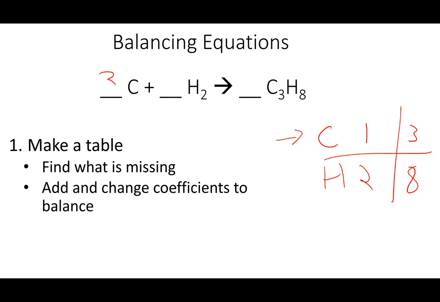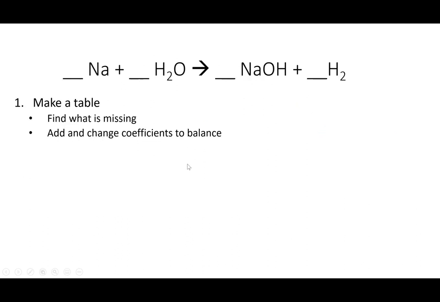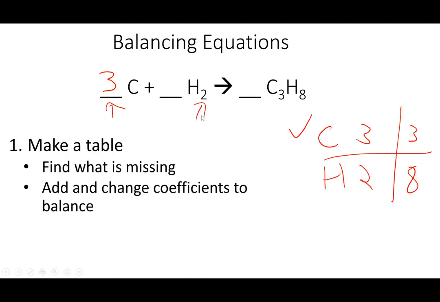And if I put a 3 here, all of a sudden now I have three C's, and my carbons are balanced. I can only add or change coefficients. I cannot add or change subscripts. It's only coefficients. Because when we change coefficients, we're just saying that these things react in different proportions.